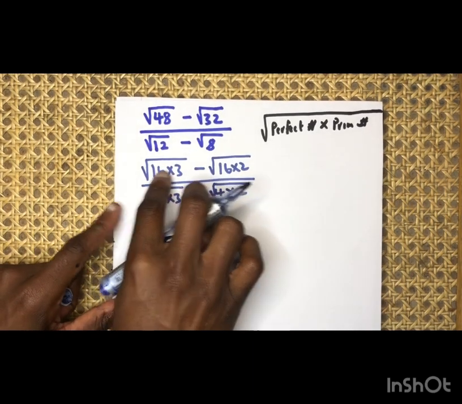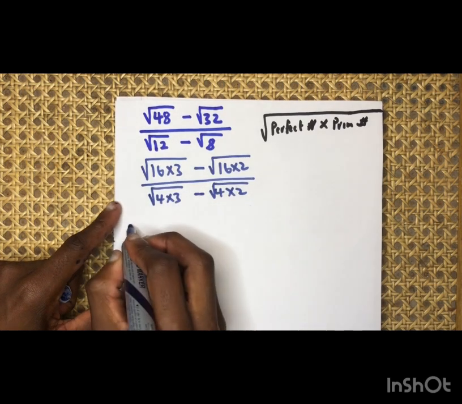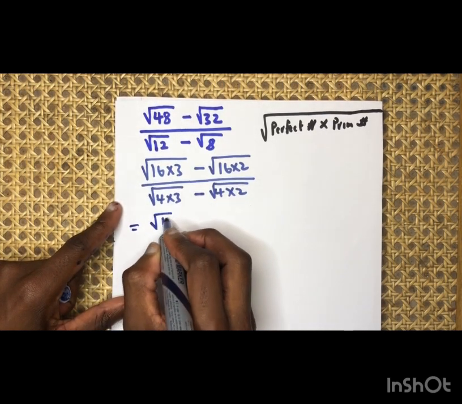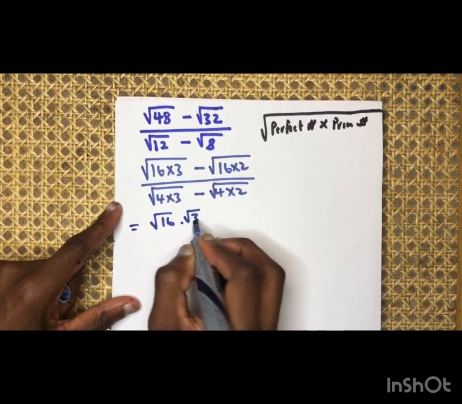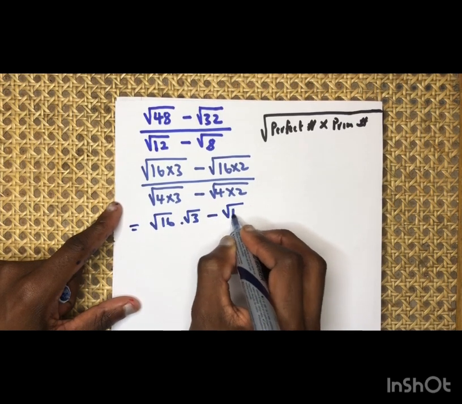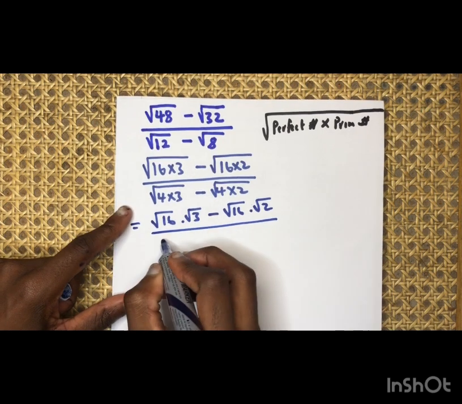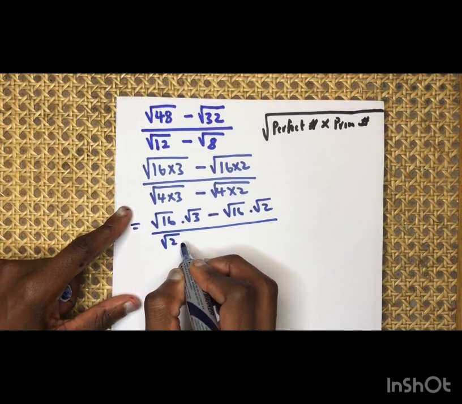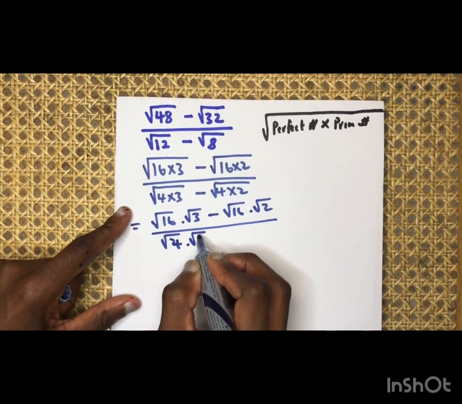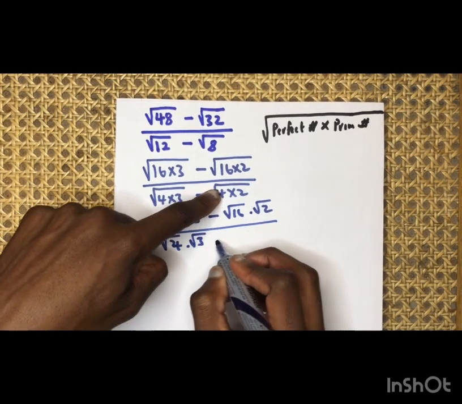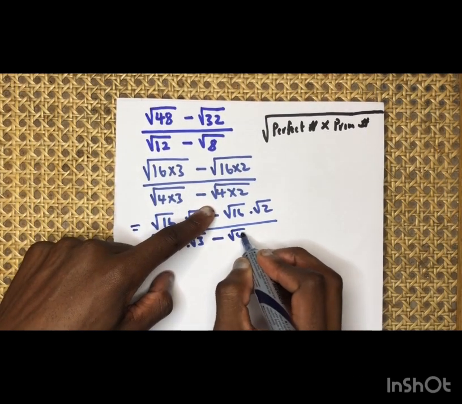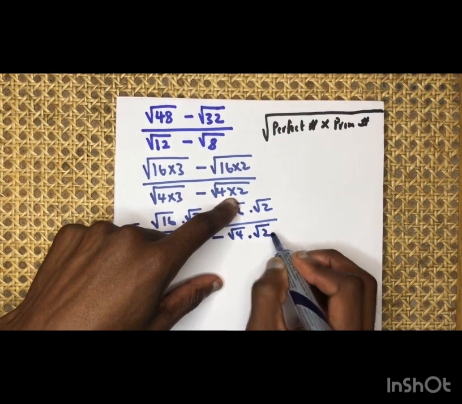So here, guys, we are breaking this one, applying law number 1. So I'm going to have root 16 times root 3 minus root 16 times root 2, all over root 4 times root 3 minus root 4 times root 2.